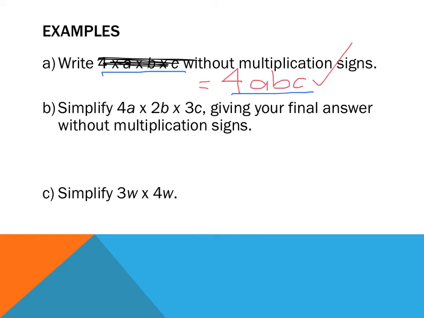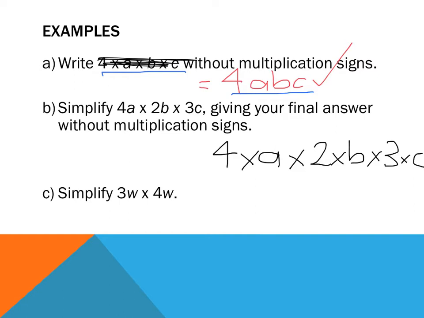Now, I know 4a is actually 4 times a, so I'm going to write it with the multiplication sign: 4 times a times 2b, which is the same as 2 times b, and 3c, which is the same as 3 times c.